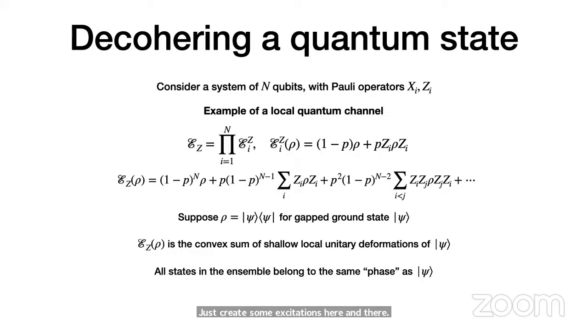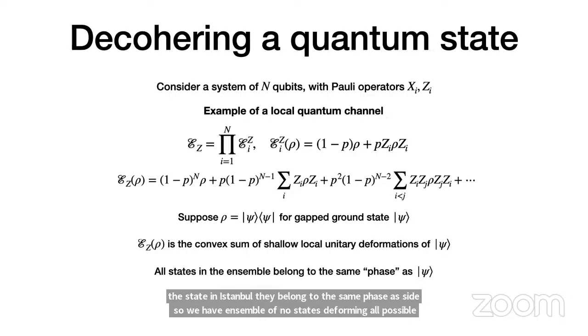If this is indeed a gapped ground state, then we know that by deforming this state with a local unitary, we stay in the same phase, even though it's deformed. So in some sense, all of these states in the ensemble belong to the same phase as psi. We have an ensemble of states deformed in all possible ways by Z.